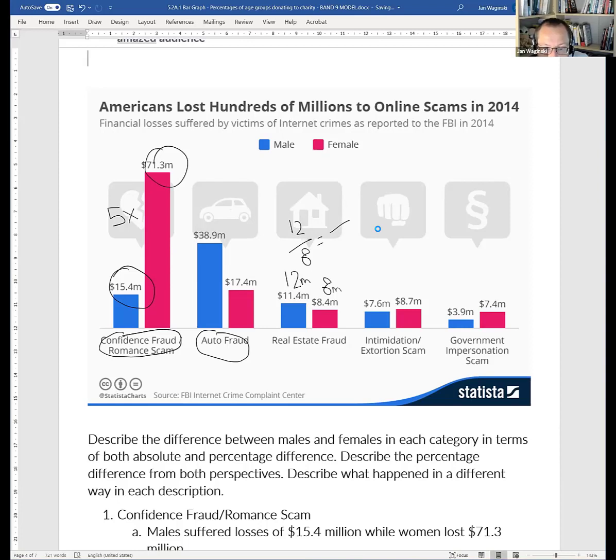So 12 divided by 4 is 3, 8 divided by 4 is 2. 3 over 2. Yeah, 3 over 2. Right? Sorry, so women lost 2/3 as much as men, right?